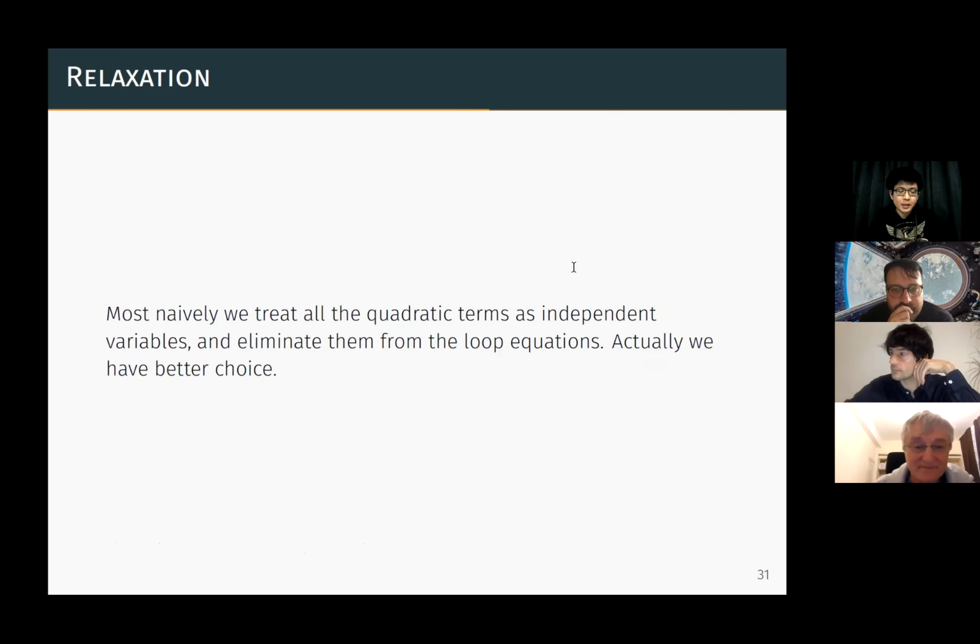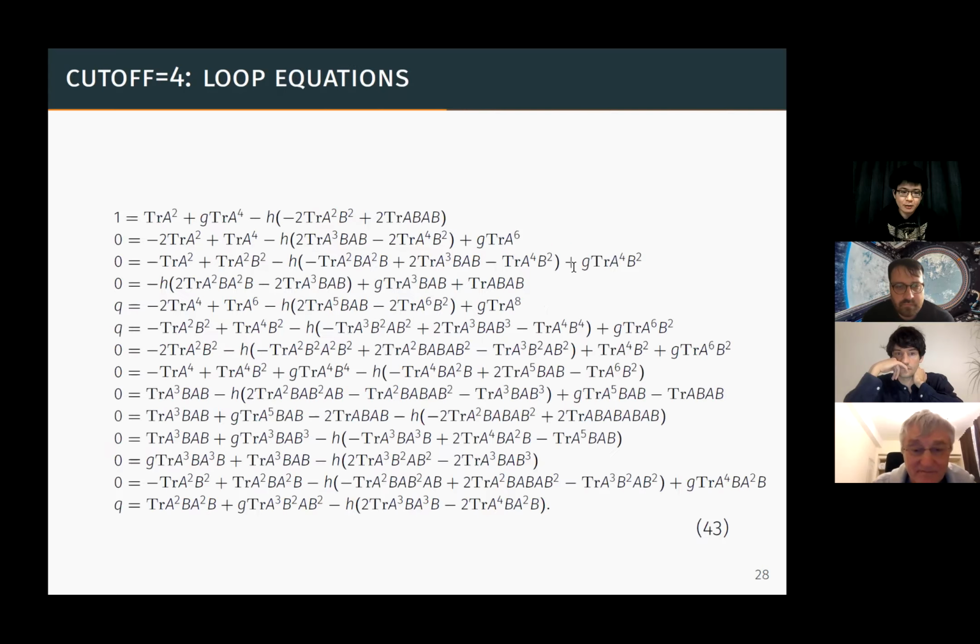Okay, let's go on. So we can expect that when we are considering higher and higher cutoffs, we have more and more quadratic terms. We must deal with quadratic terms seriously. The most naive method is to treat all the quadratic terms as independent variables. By this, I mean, let's look at this loop equation.